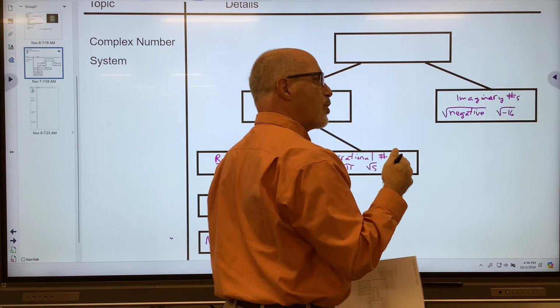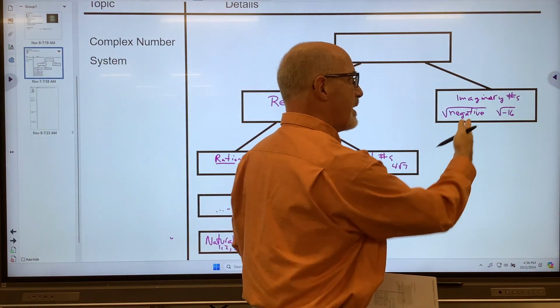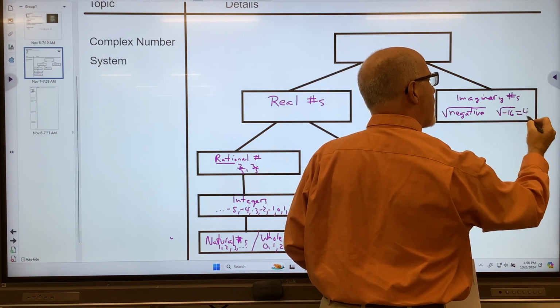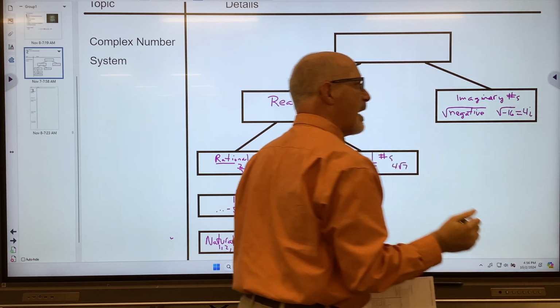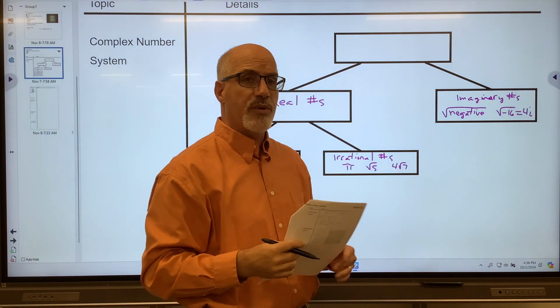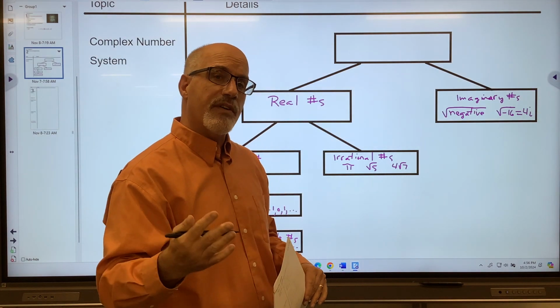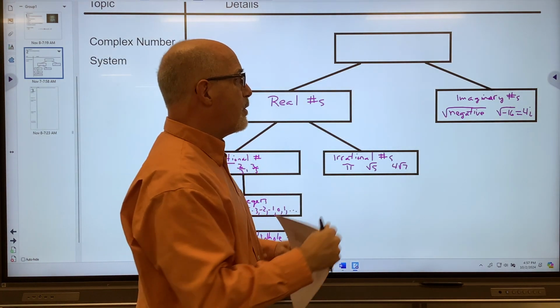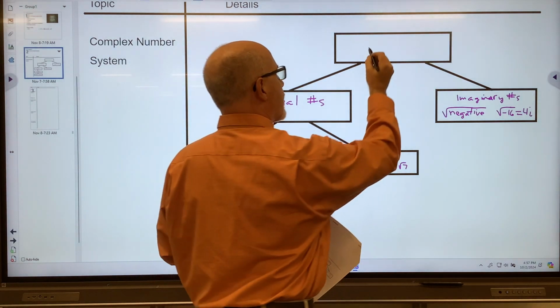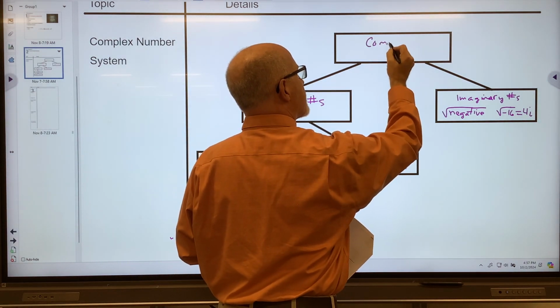But what about -16? We call these imaginary numbers. And for instance, we're going to find a notation where we can take the square root of -16 and we're going to make it 4i. So when you have a negative square root, we'll introduce the imaginary unit i to take care of representing that. When you put imaginary numbers and real numbers together, you get what are called complex numbers.